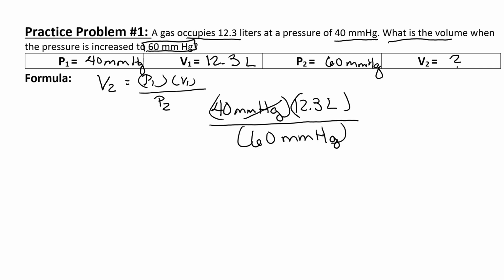So millimeters of mercury will cancel out. And when we plug that into our calculator, our V2 is equal to 8.2 liters.